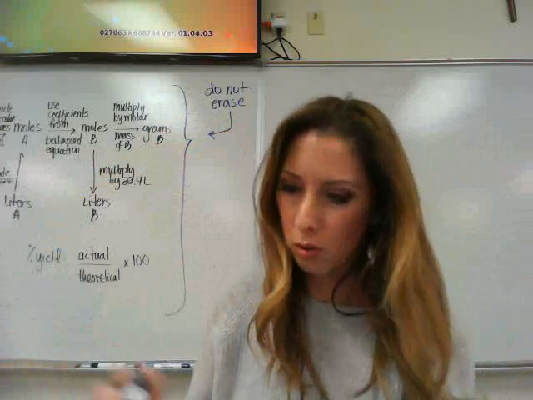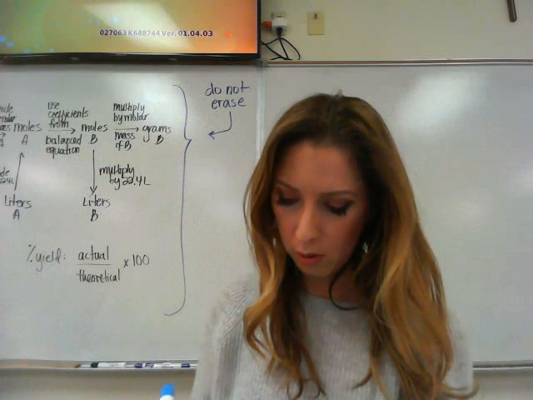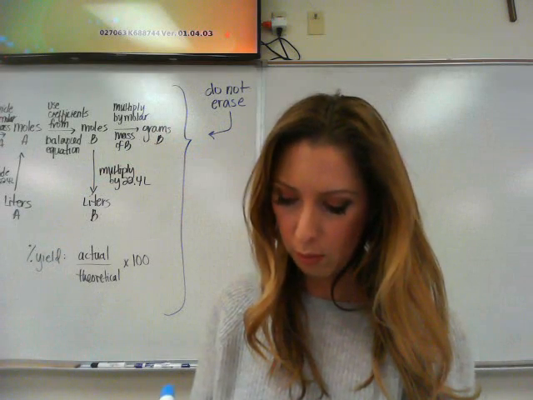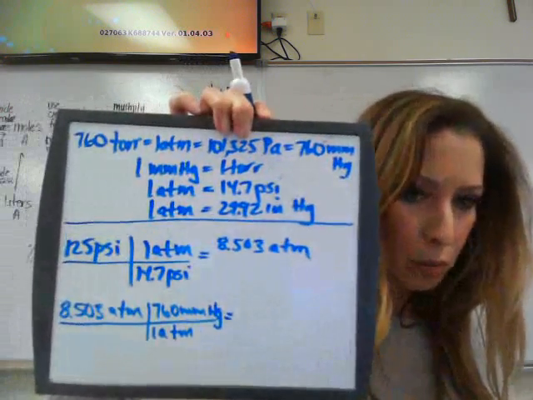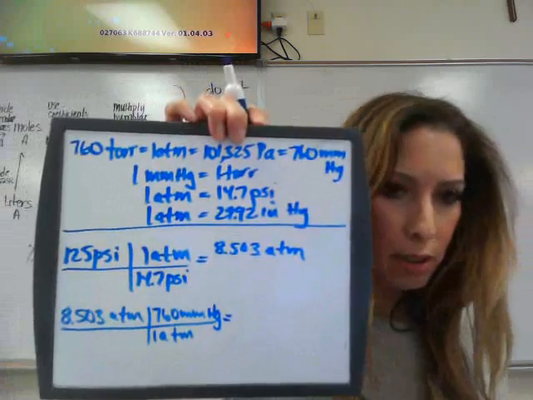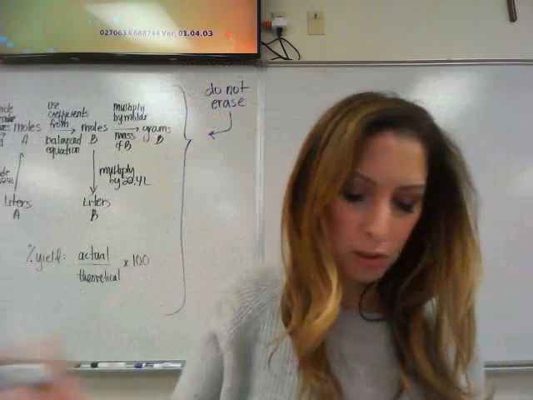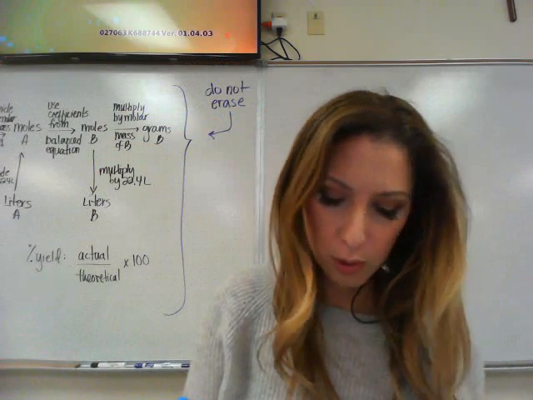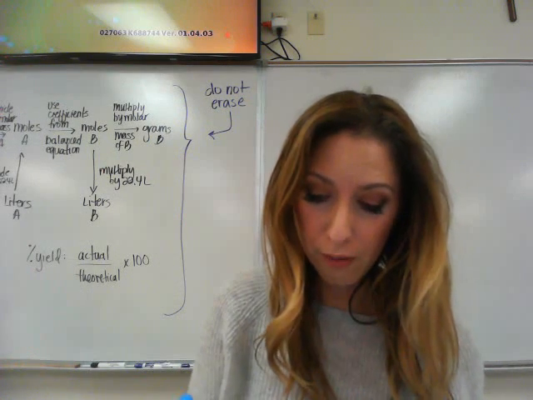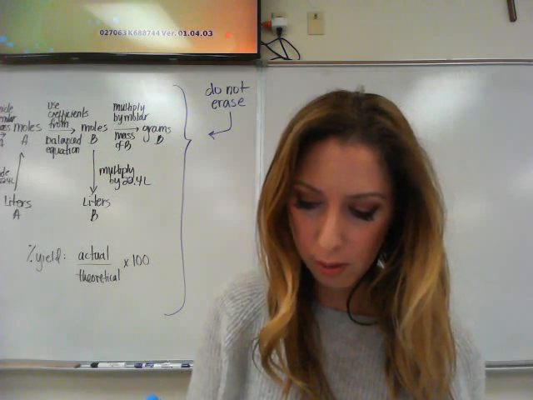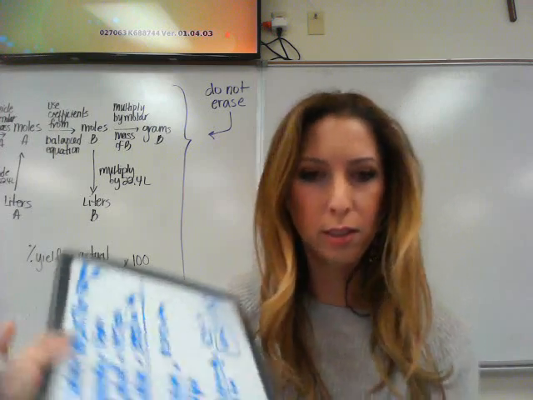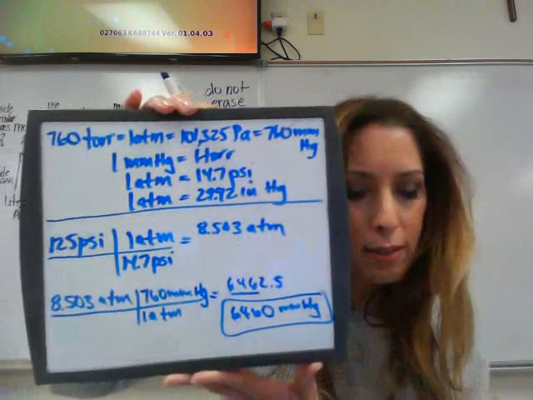Okay, so 1 atm goes on the diagonal, 760 millimeters of mercury goes up on top, like this. So we multiply by 760. I'm going to want 3 sig figs in my answer. I got 6462.5, but since I want 3 sig figs, I'm going to round it down to 6460, which is like this. Okay?